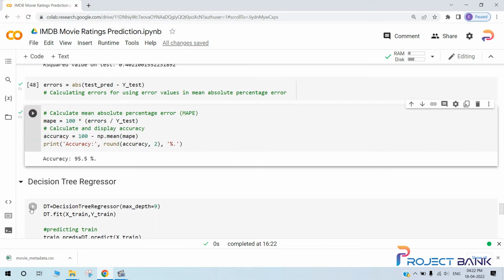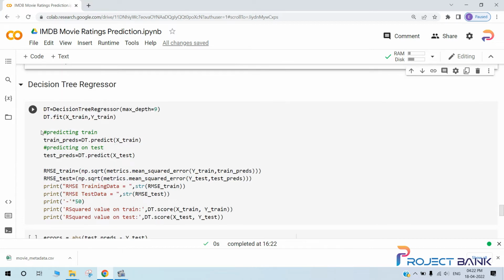The next model is the decision tree regressor model. Here also we have model.predict on xtrain and xtest data, that is decision tree regressor.predict on xtrain, and similarly decision tree regressor.predict on xtest data.